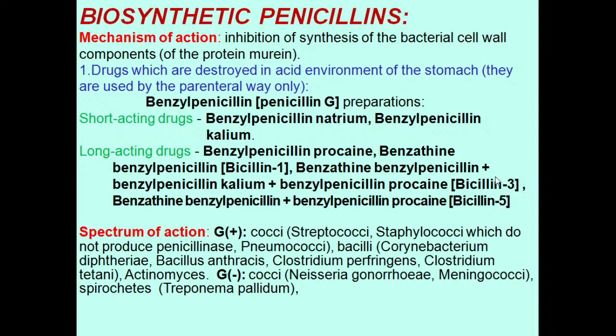But these are combinations. Bicillin 1 is a mono preparation, benzylpenicillin benzathine. Bicillin 3 is bicillin 1 plus benzylpenicillin kalium and plus benzylpenicillin procaine, so there are 3 components. And bicillin 5 consists of 2 agents, benzathine benzylpenicillin and benzylpenicillin procaine.